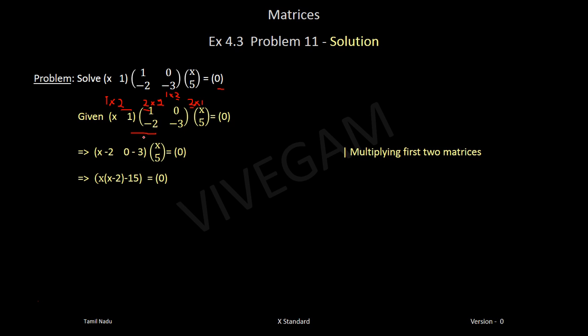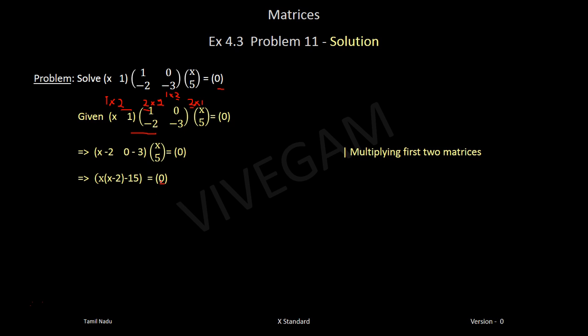Now this and this have to be multiplied. First row into first column, you'll get only one entry, and that is what you are getting here also. So this resultant matrix will have only one element: one row, one column. So x into x minus 2, that's what I'm writing here, and minus 3 into 5 gives minus 15.